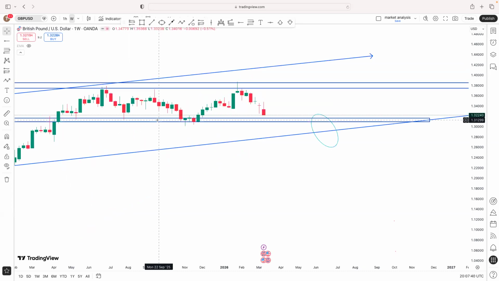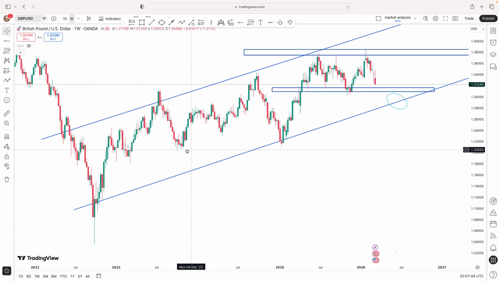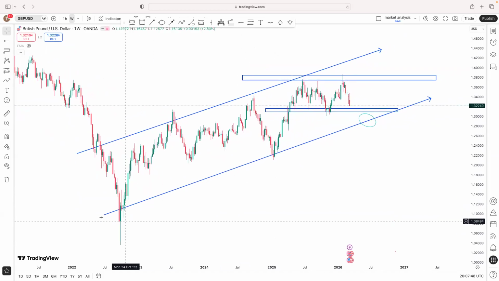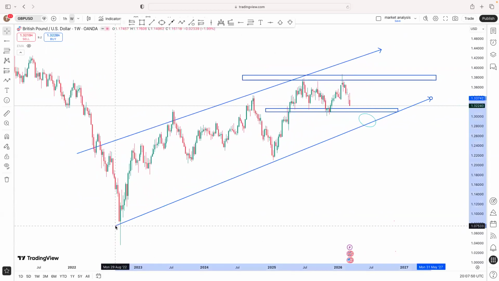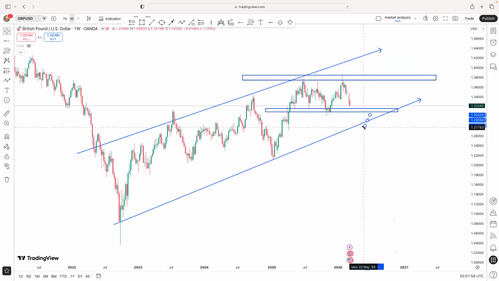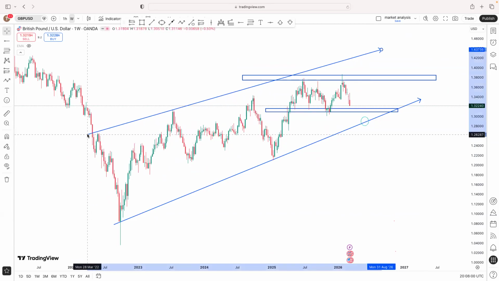Now we are moving on to the weekly time frame. For me, the weekly time frame is almost the same as the monthly time frame, just a little bit different here and there with a few adjustments. But I can assure you they're definitely the same for me. If you look here, we are trading on an uptrend.